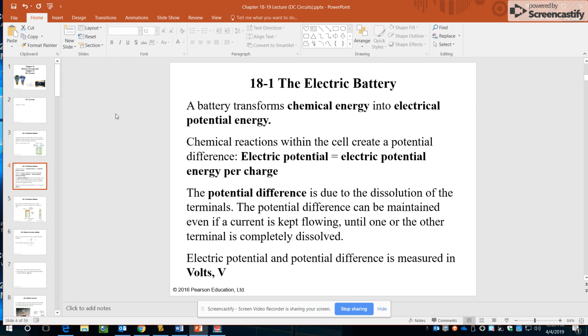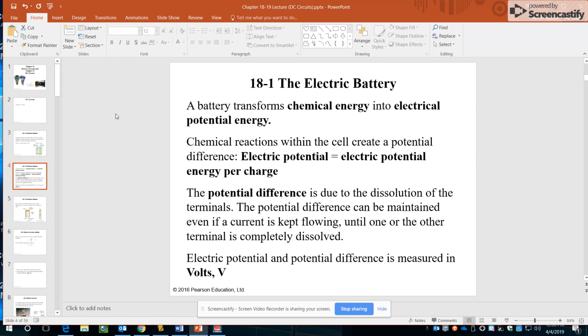And so our focus in circuits is not actually on electric potential energy per se, but the electric potential energy available per charge in the system. So we call that electric potential energy per charge electric potential. The potential difference then is a difference in electric potential energy per charge available to move, and the potential difference is due to the dissolution of the terminals.